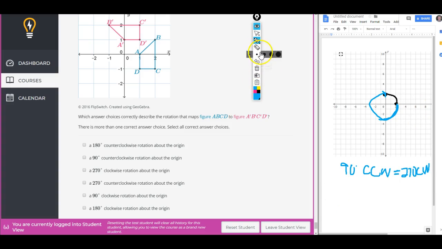If we were to do the same thing with 180 degrees, 180 degrees counterclockwise would be the same as 180 degrees clockwise.